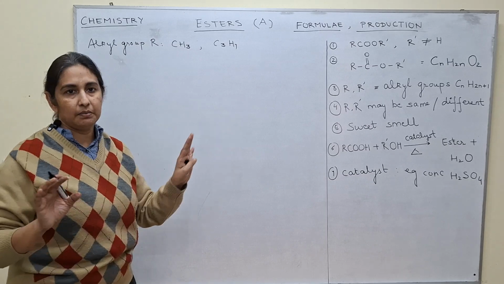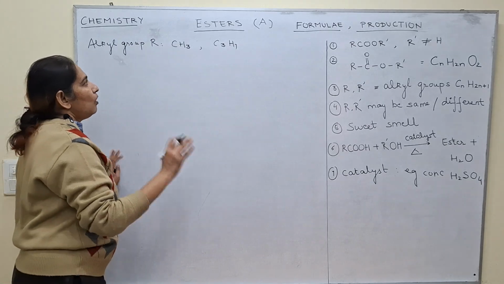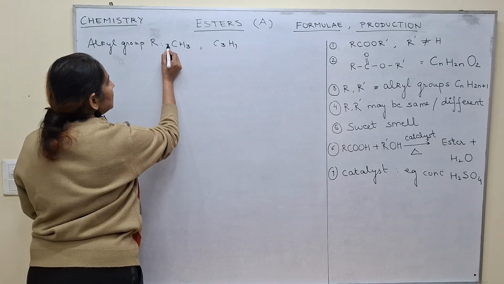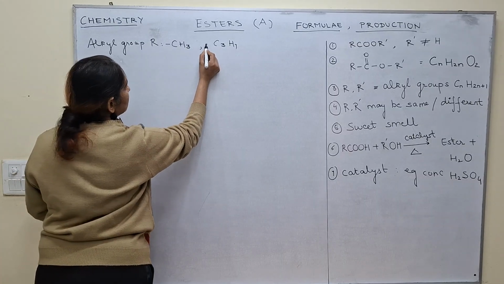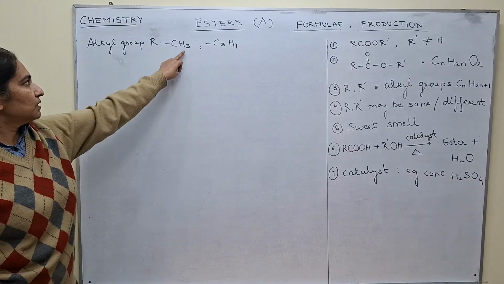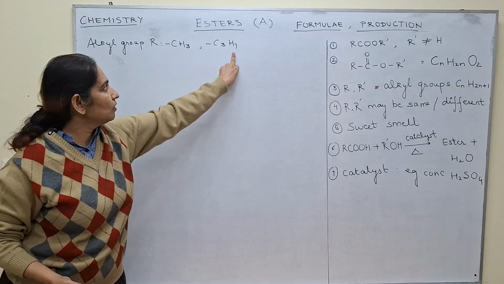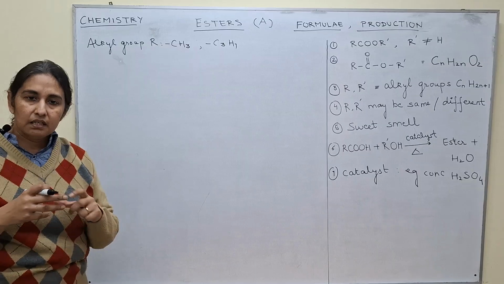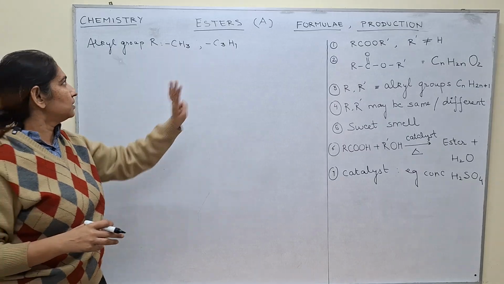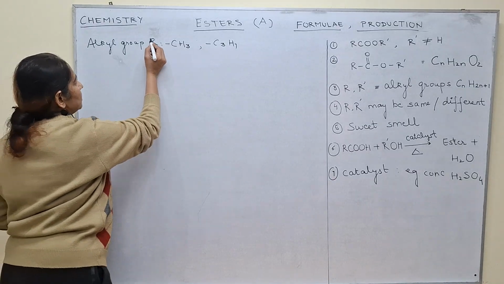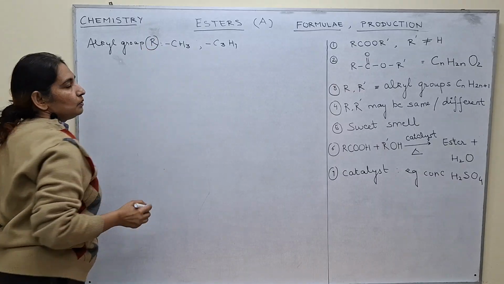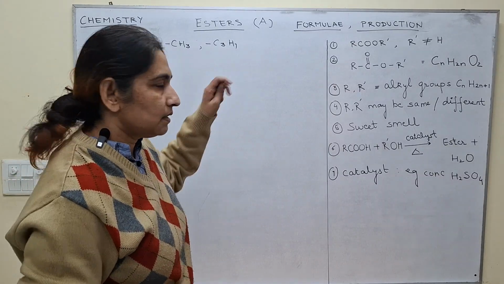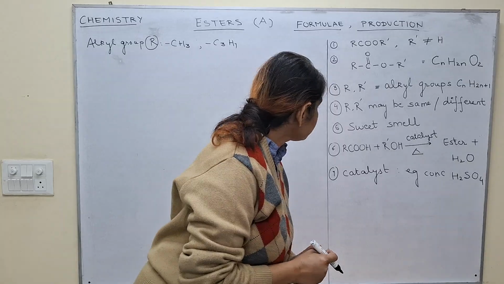So both of them are basically alkyl groups, and obviously they have a valency lying vacant here, because एक हाइड्रोजन कम कर दिया ना हमने, तो उसको एक बॉन्डिंग की जरूरत रहती है. So that's what an alkyl group R is. We are bound to know this by this time when we are doing esters.